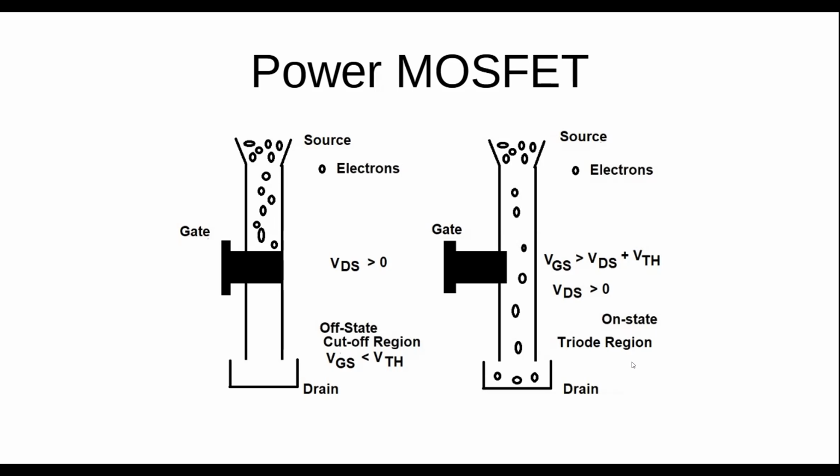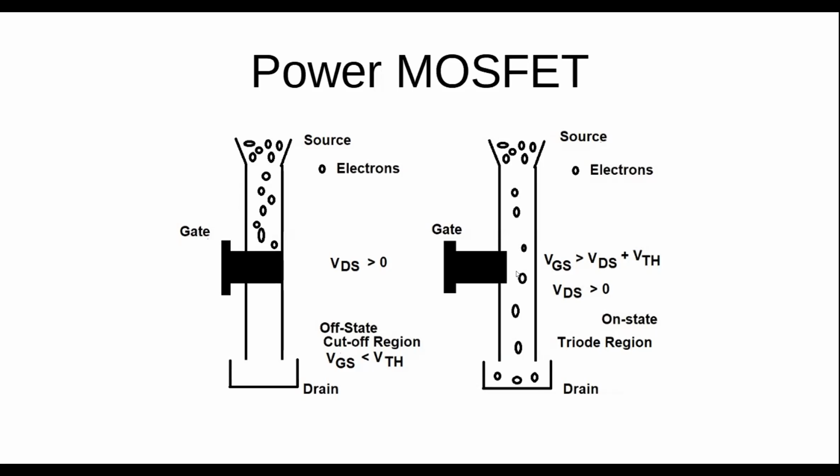So for the on state, the names change again. Sometimes it's called triode. I think it's also called ohmic, or I forget what the other name is. So we'll go with triode. For this case, we want it to be fully on.